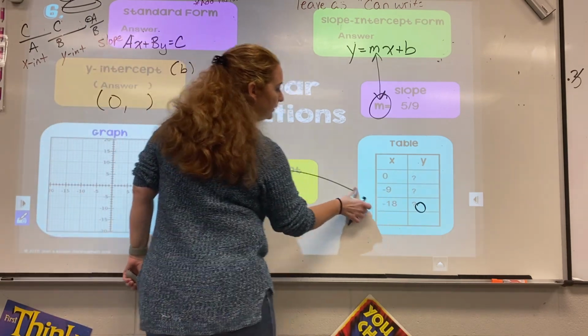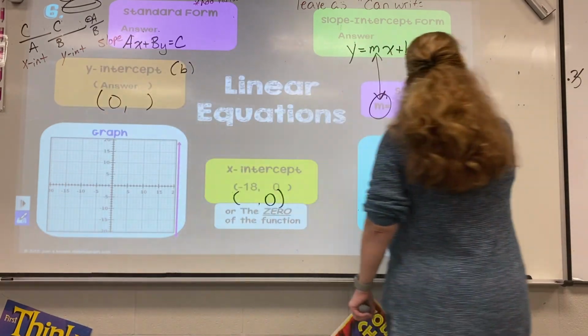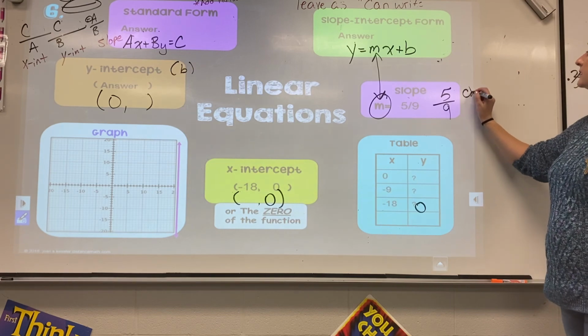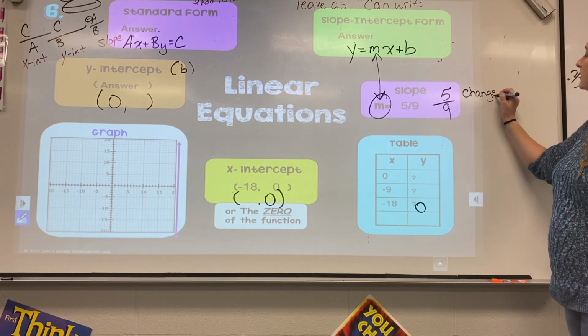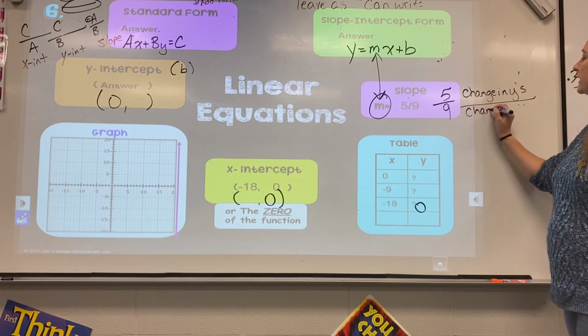And then I can use my slope because 5/9 is my change in my y's over my change in my x's.